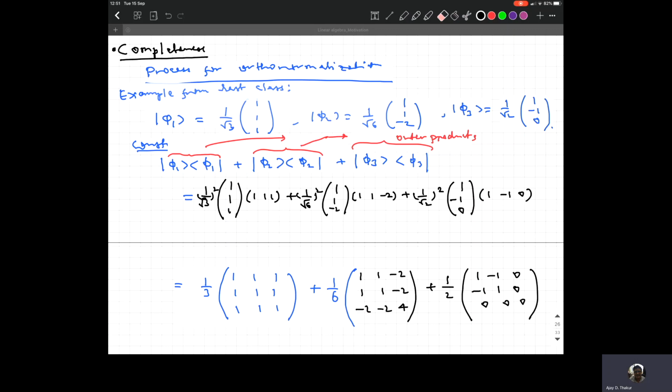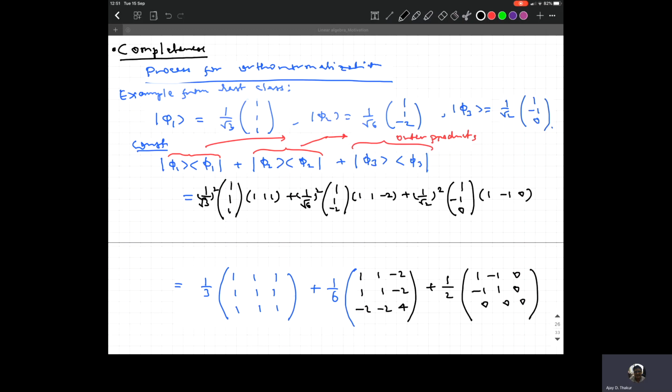They are respectively phi1, which is 1 over root 3, (1, 1, 1), phi2, which is 1 over root 6, (1, 1, -2), and phi3, which is 1 over root 2, (1, -1, 0). So what we do now is essentially construct a set of outer products.